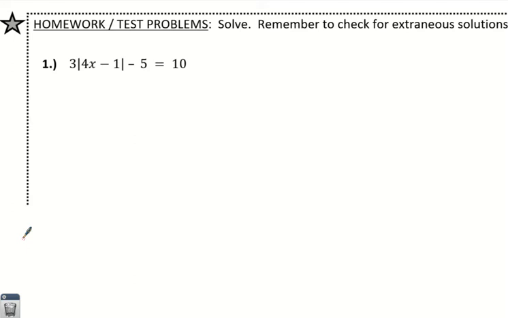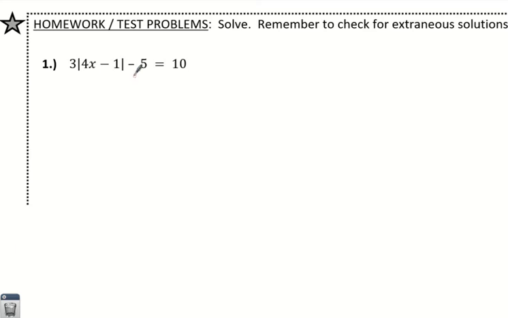So, like this equation, you couldn't just think about the two cases right now. You can't look at that and go, oh, there's a positive 10 case and a -10 case. No. In order to jump to that point of the solving, you've got to have the absolute value isolated.